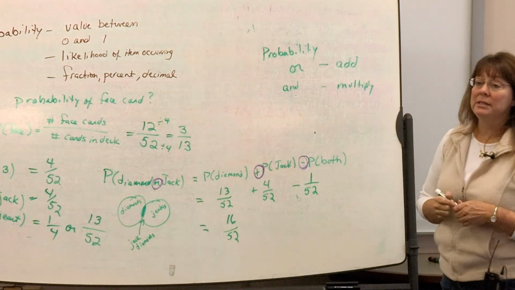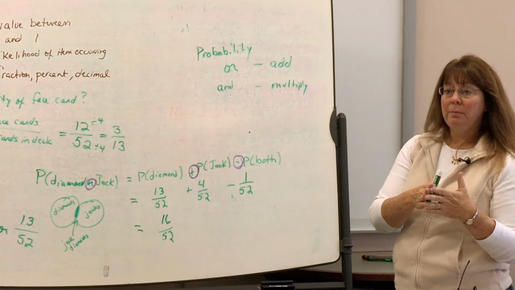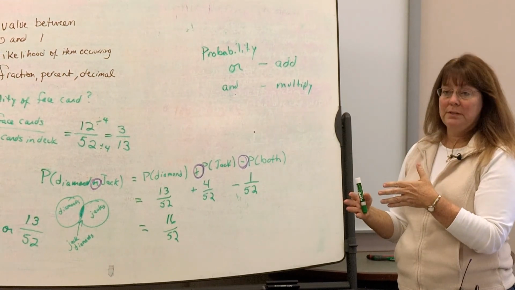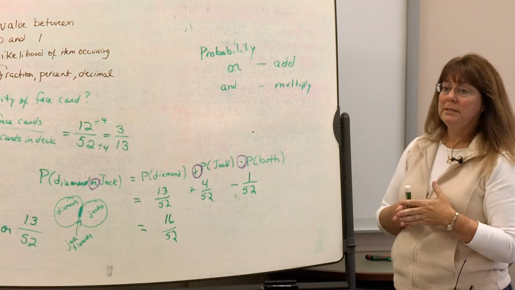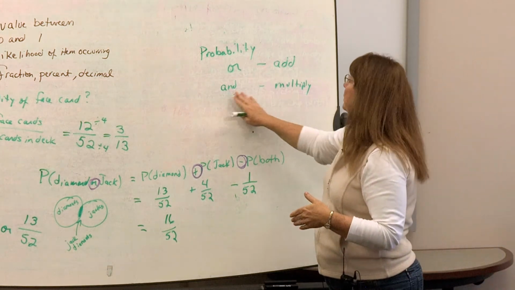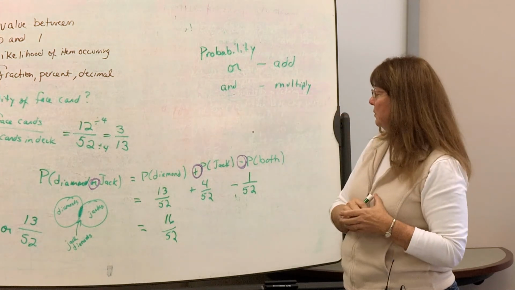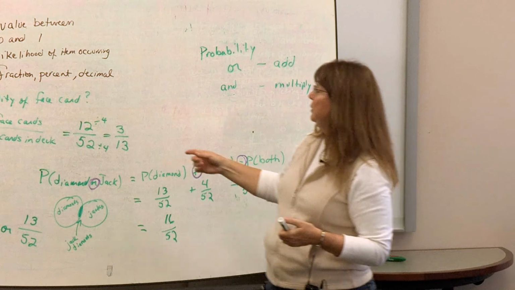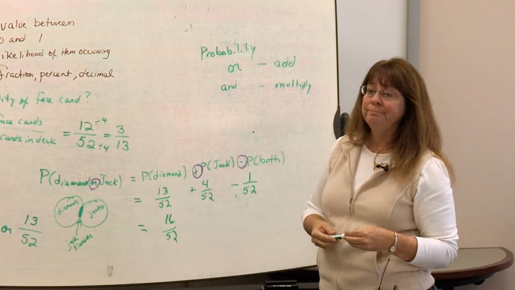And most of the things that we did for counting methods was and. I want to get a red chip and a blue chip with the same number. So I multiplied those together. So a lot of the stuff we did together today was multiplying where you were doing the ands, and we multiplied stuff. So those are a couple key helps for working with those. But either one of these would be your answer for a face card.